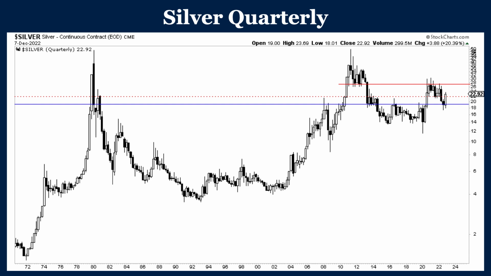So we have 1870, we have 22, and then we have what I think is the key level, which is really around 27, 28. If you look at a weekly or monthly chart, it's 28. If we're looking here at a quarterly chart, it's really 27.